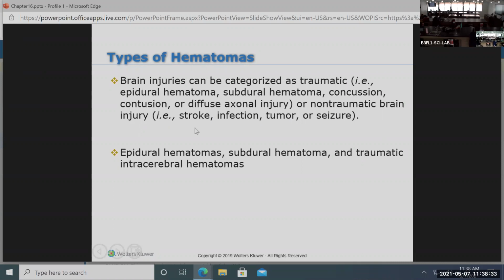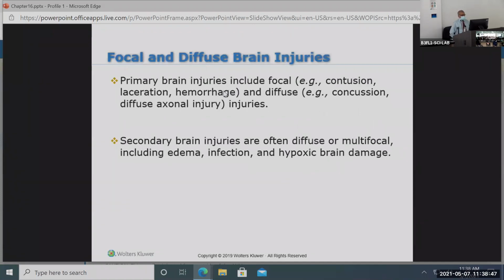Non-traumatic brain injuries like stroke, infection, tumor, seizure, and so forth. Please remember the epidural hematoma, there's a diagram also, subdural. We do have focal. Focal means localized. Diffuse means widespread.